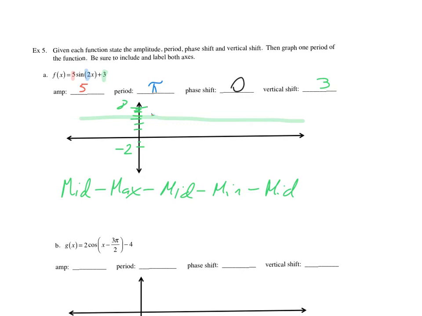So if we start with our increment, the period is pi divided by 4. So we start at 0 on the midline.